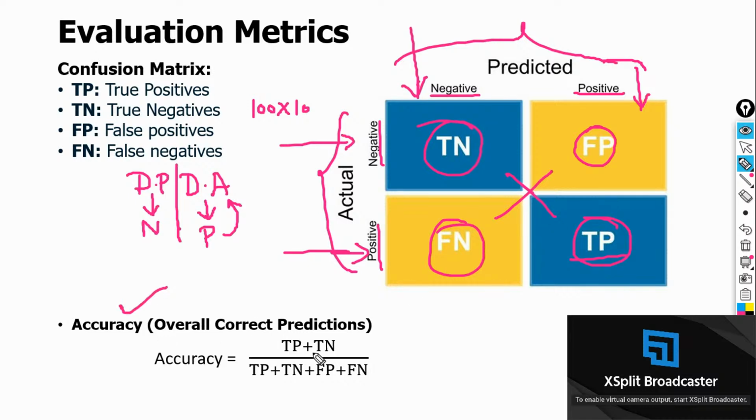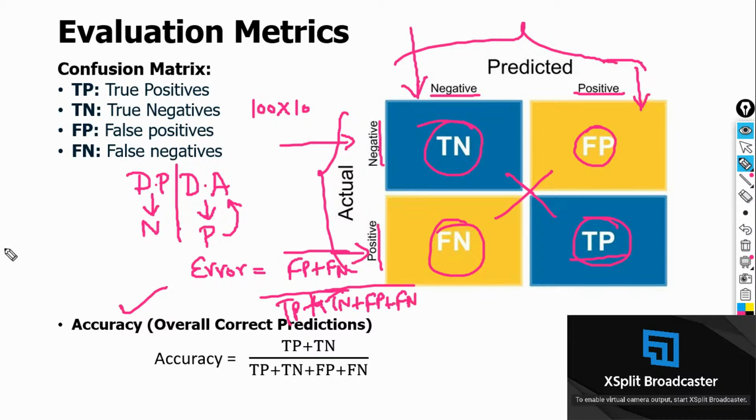The accuracy formula is very simple: overall true cases by all four cases, TP plus TN by TP plus TN plus FP plus FN. Then error is talking about in how many cases the model went wrong, so it is FP plus FN divided by TP plus TN plus FP plus FN.